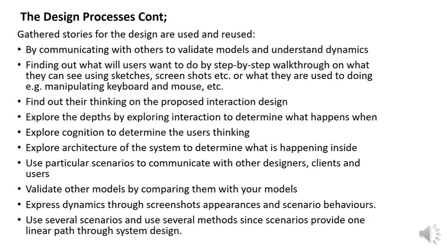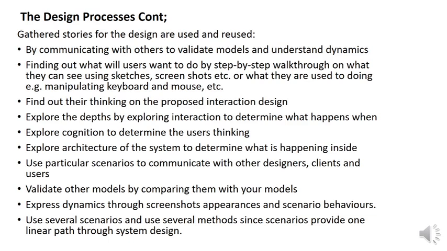Find out what the user wants to do by step-by-step walkthrough of what they can see using sketches, screenshots, etc. What they are used to doing, e.g., manipulating keyboard and mouse, etc. Find out their thinking on the proposed interaction design.